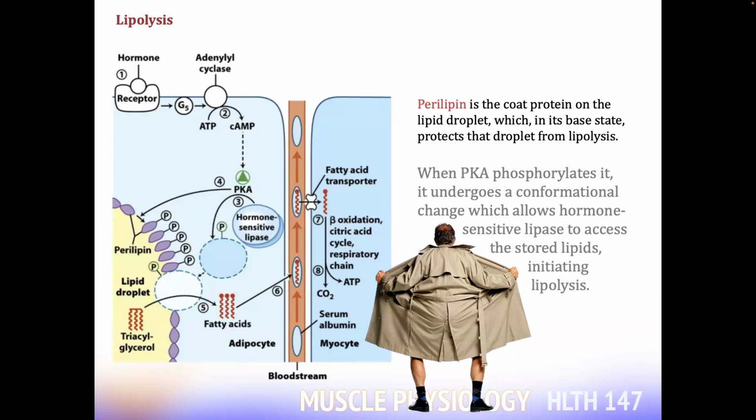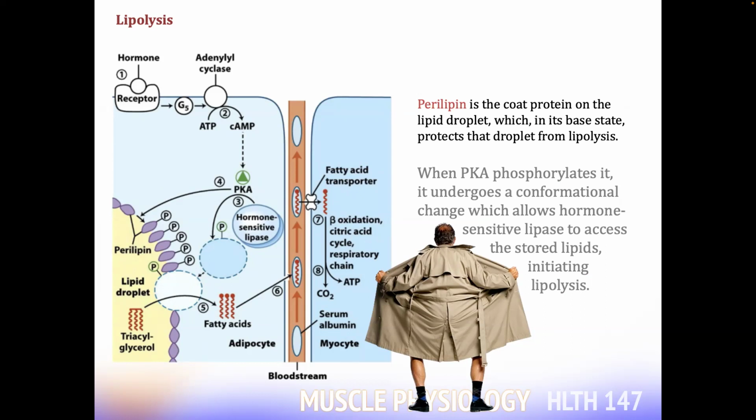ATP gets converted into cyclic AMP. That binds to PKA, and PKA phosphorylates stuff. One of the things PKA phosphorylates is perilipin. That's the coat on the lipid, which has a ton of triglycerides in it. And in order for the lipolytic enzymes to get access to those triglycerides, you need to open up that coat.